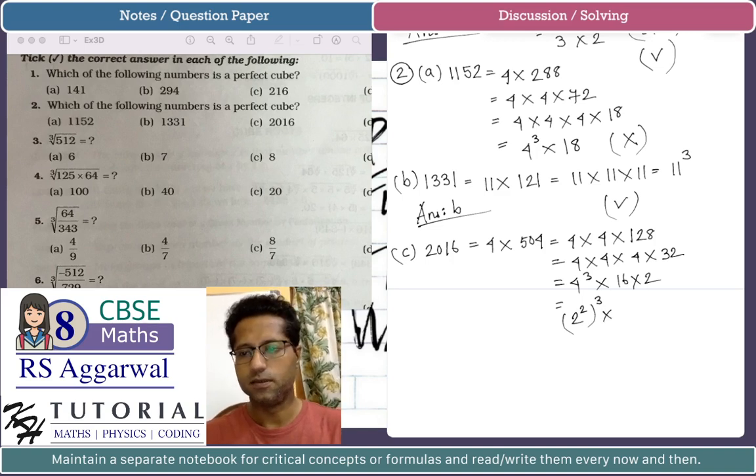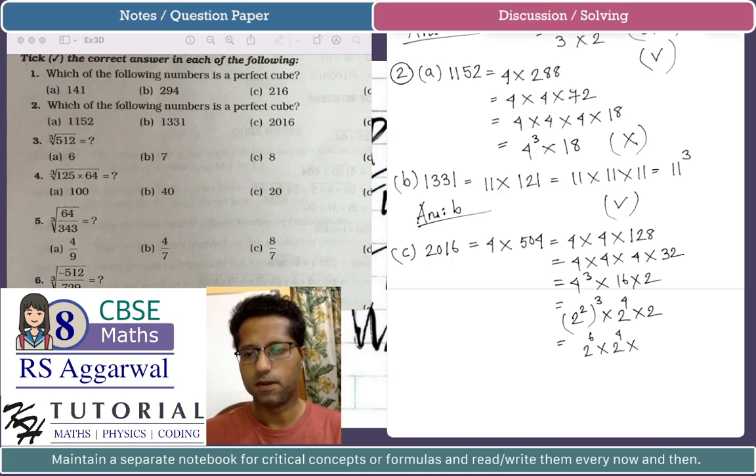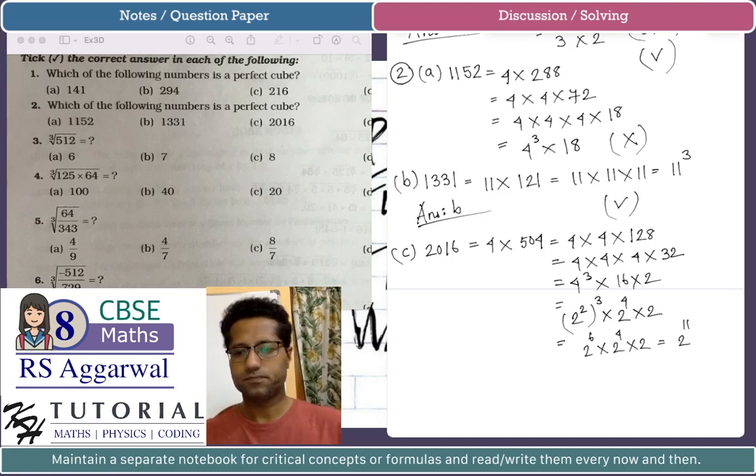So 16 is 4 into 4, which is 2 to the power 4, and we have 2. So 2 square raised to the power 3 is 2 to the power 6, multiplied by 2 to the power 4, multiplied by 2. This is equal to 2 to the power 11. So this is not a perfect cube. 11 is not a multiple of 3.